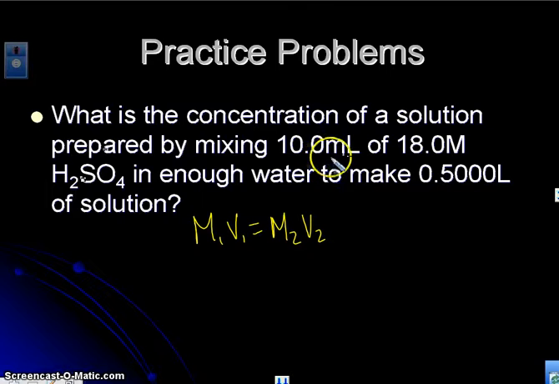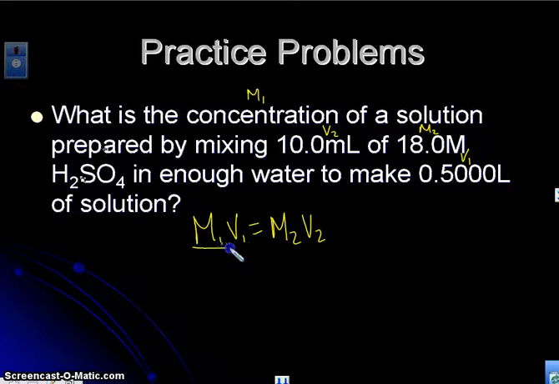It doesn't matter whether we say this is V1 or V2, as long as we give the corresponding molarity, M1 or M2, to this number. So for the sake of argument, let's call this V2 and M2. And we have a volume, 0.5 liters. That would make this V1. And so for our concentration, we need to find M1.